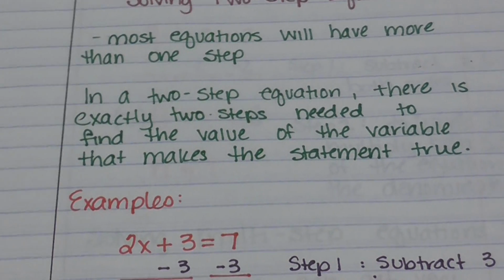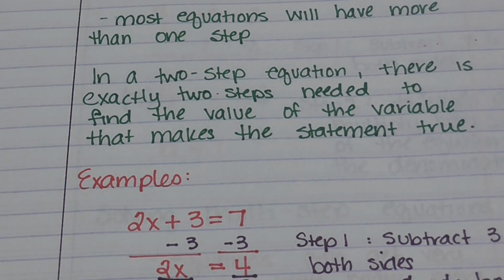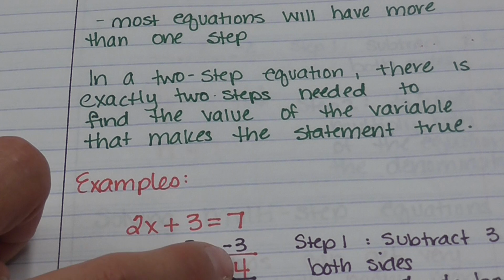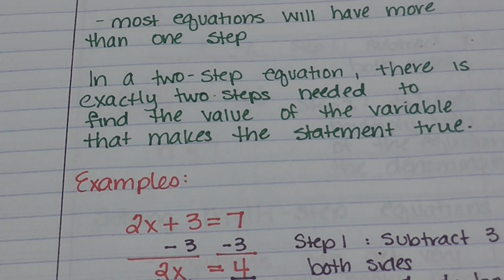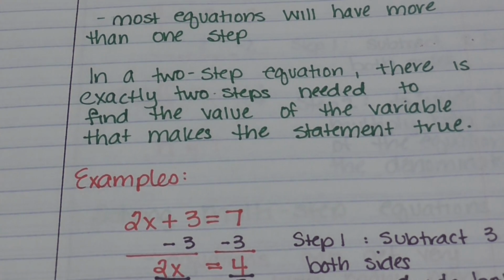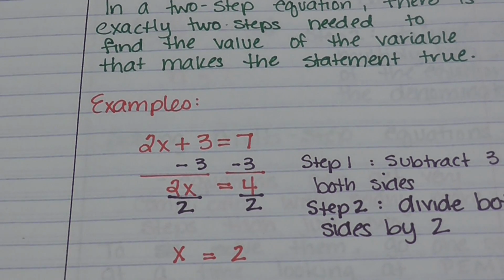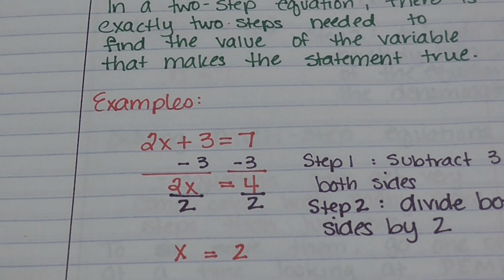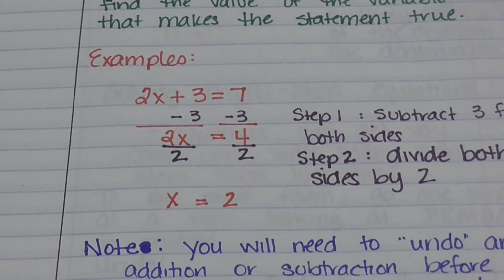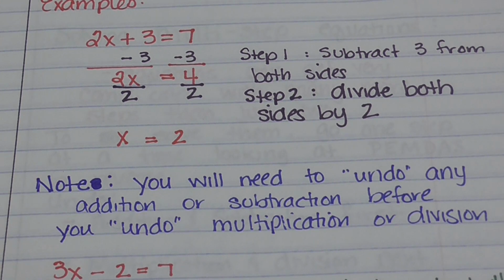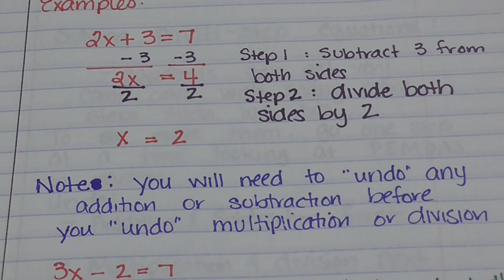When I do that, the 3's cancel out, and I'm left with 2x. 7 minus 3 equals 4. Now I can divide by 2. And when I do that, I'm left with x equals 2. So you're going to undo any addition or subtraction before you undo division or multiplication. So you're doing PEMDAS kind of backwards.